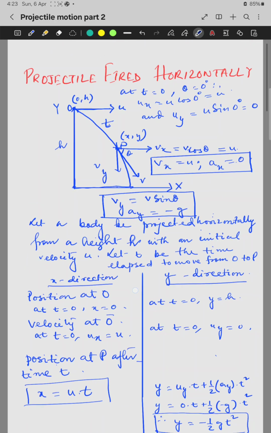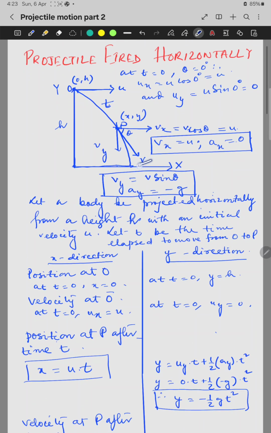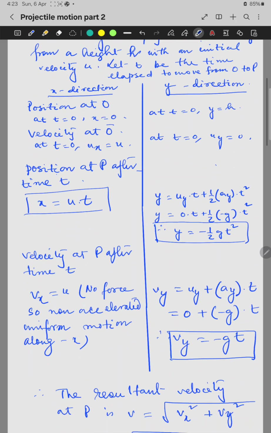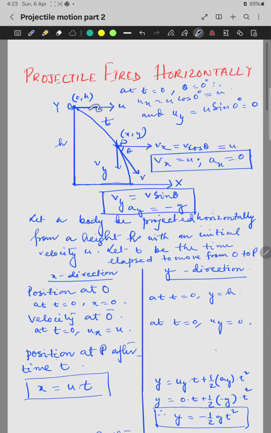Now we are trying to find out this velocity v at the position P after time t. So Vx will not change, it will remain as the initial velocity u.